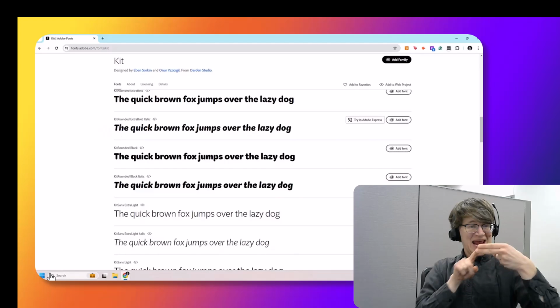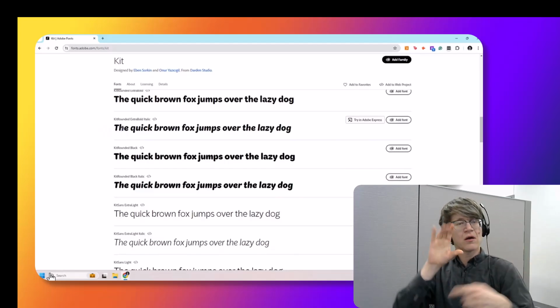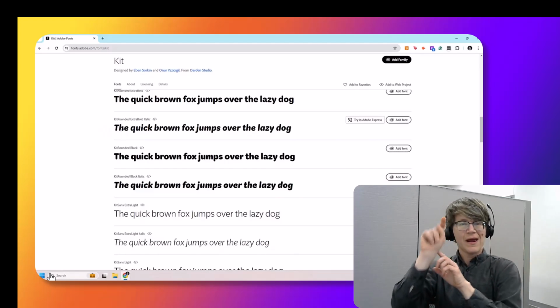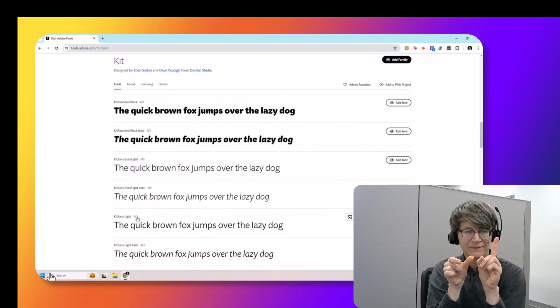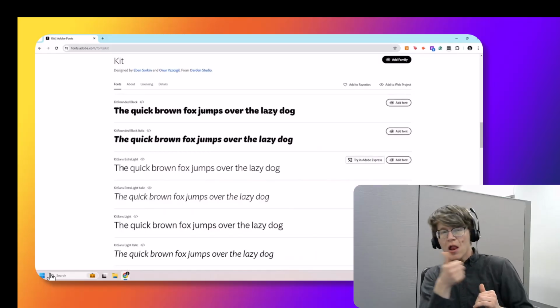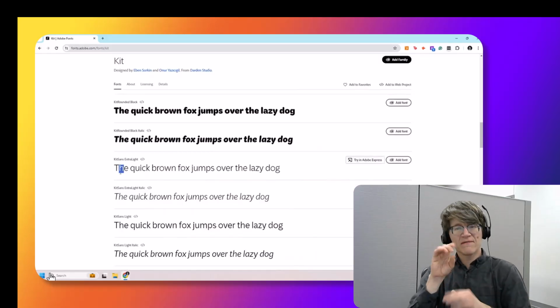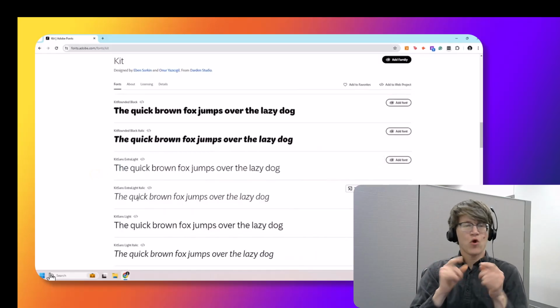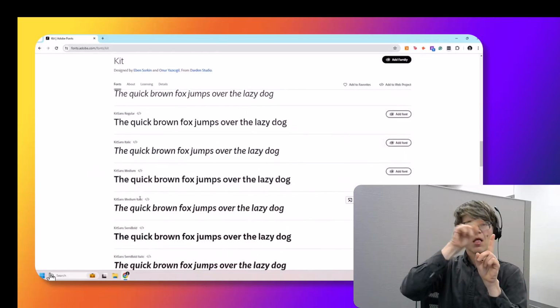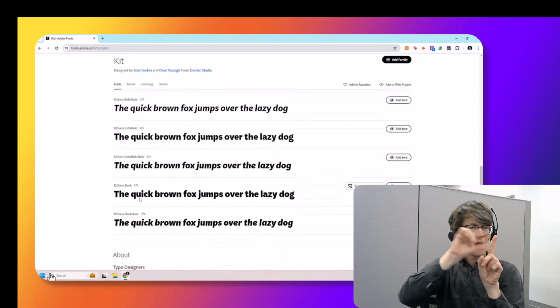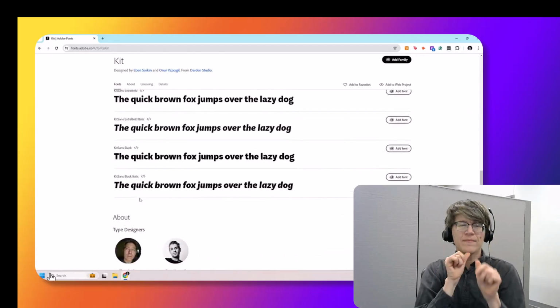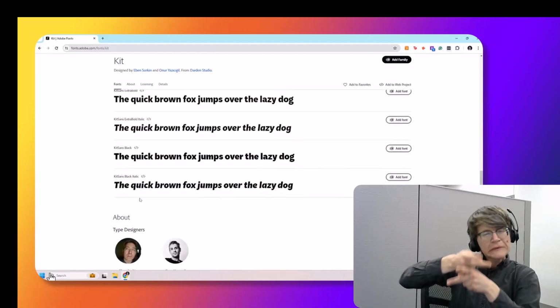So you have the stem, and then as it curves into the H here, we start to see that this is much, much thinner. But when we go to the other typeface, other font choices, here you don't get any of that contrast that's happening. And so you can kind of see how this might shift as you're looking at the different weights within the typeface.